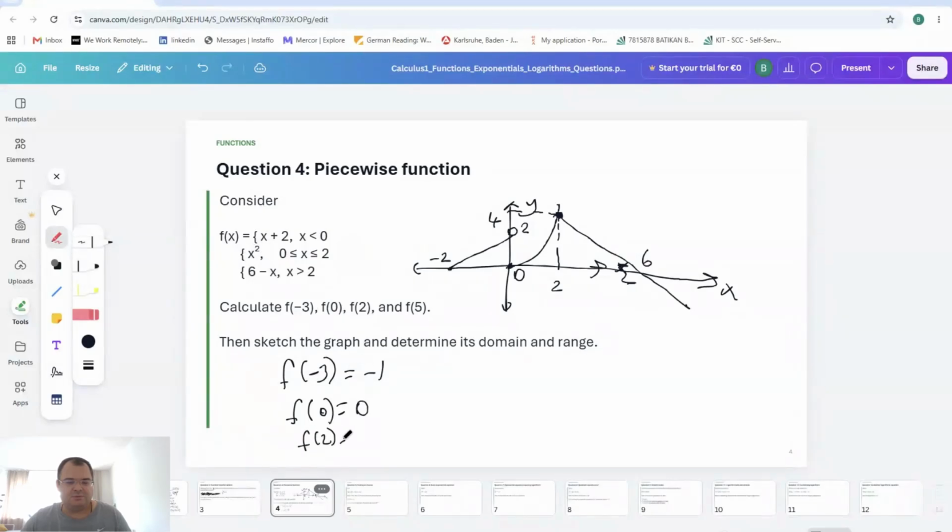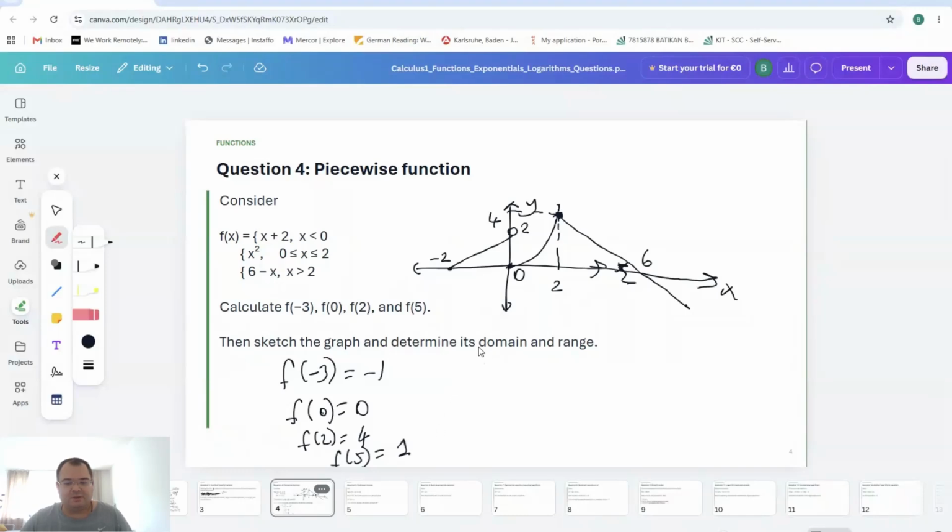For x equals 2, it is also on this parabola, so it equals 4. And for 5, since 5 is greater than 2, it needs to be on this line. So it is 1.